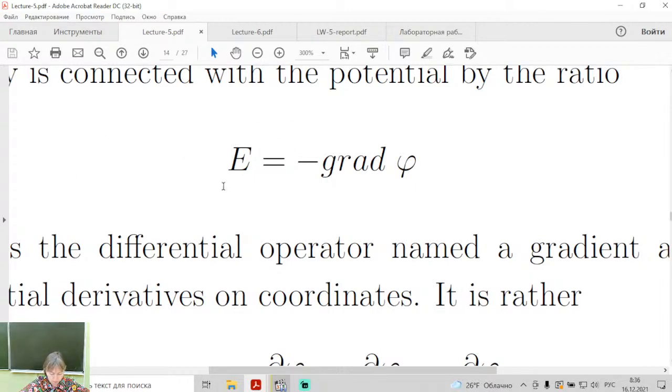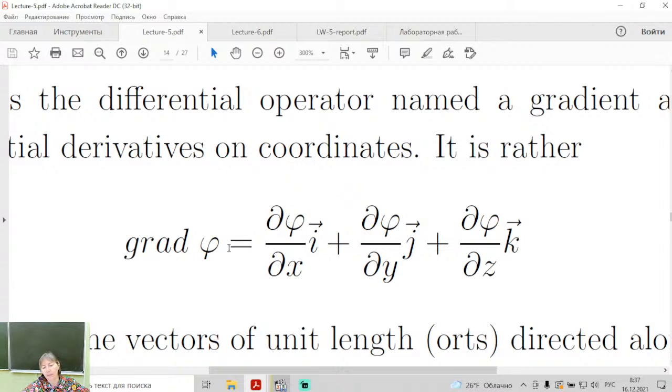Intensity of field is a gradient of potential. Gradient is a differential operator, expressed through the partial derivatives on coordinates.